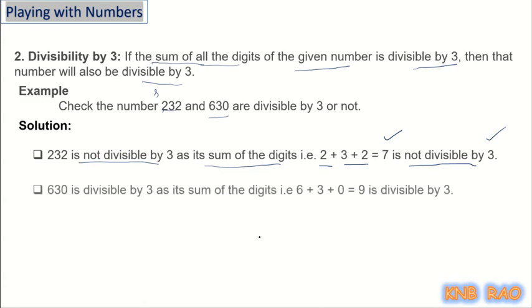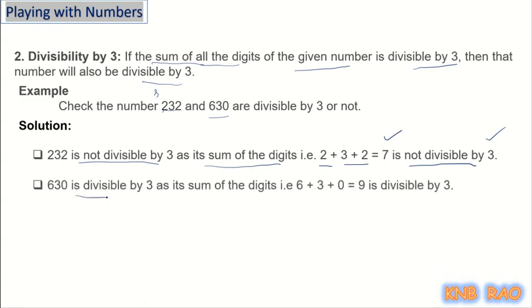Whereas 630 is divisible by 3 as its sum of digits, that is 6 plus 3 plus 0, gives us 9. This 9 is divisible by 3, therefore 630 is divisible by 3. This is the divisibility test for 3.